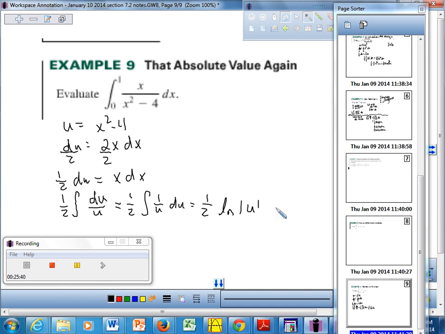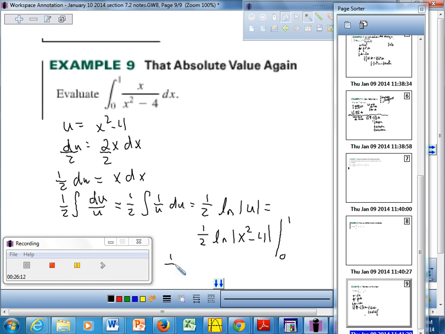We don't have to worry about the plus C this time because we have limits that we're going to plug back in. All right, and that's 1/2 the natural log of the absolute value of what? What is u? x squared minus 4. So now, no plus C, we're going to evaluate it between 0 and 1 because it's a definite integral.